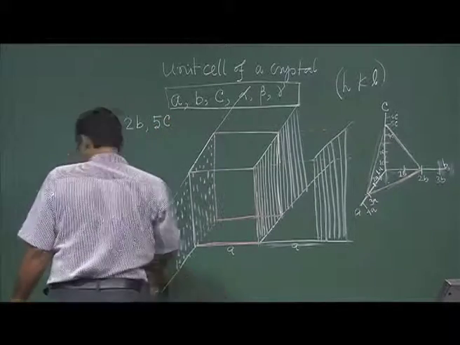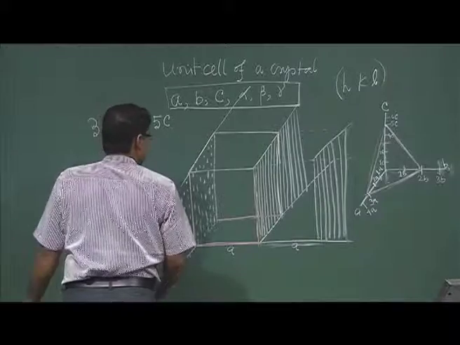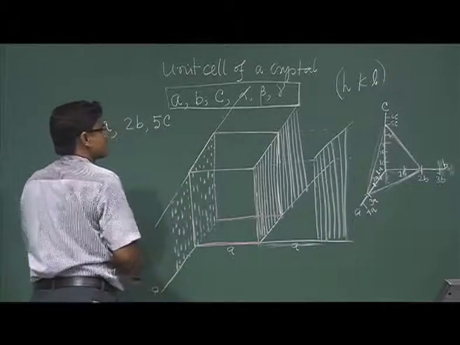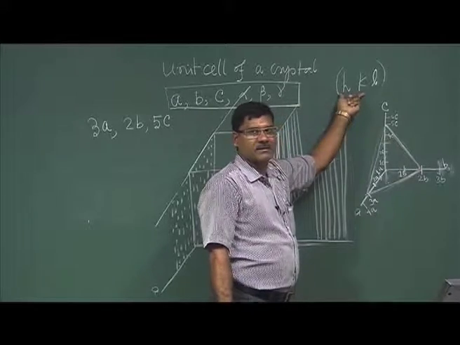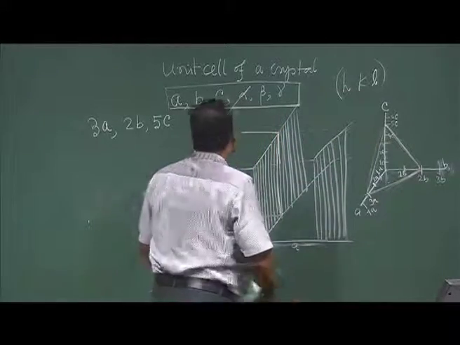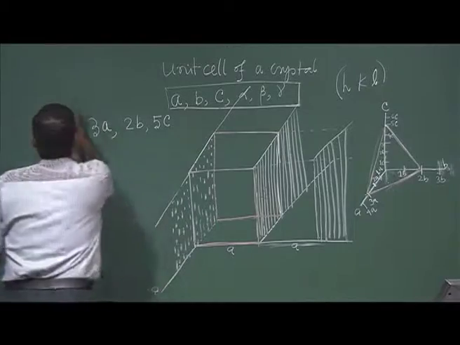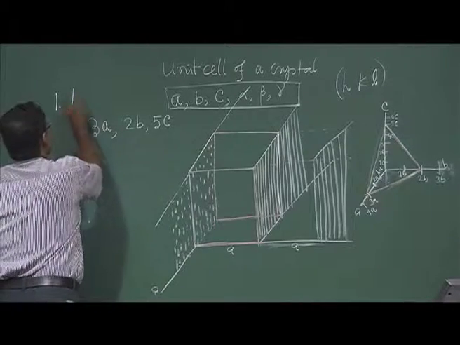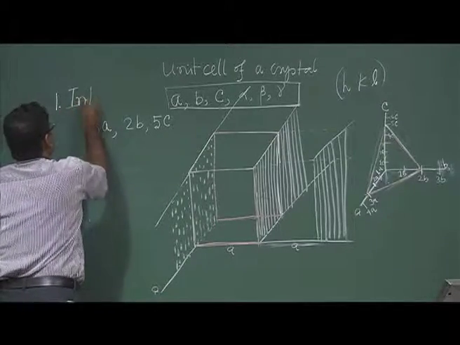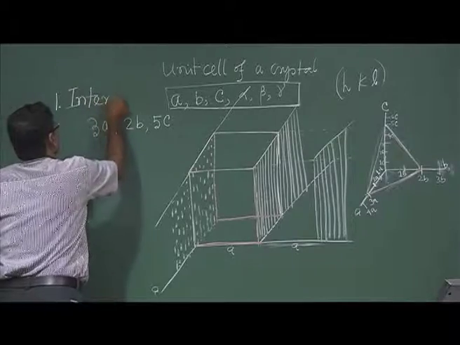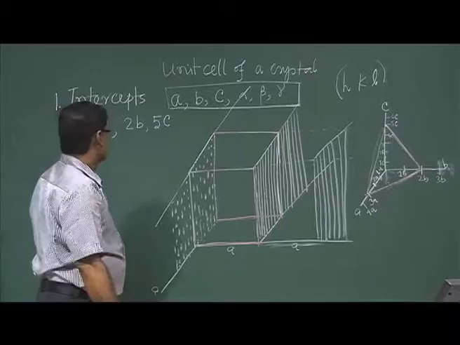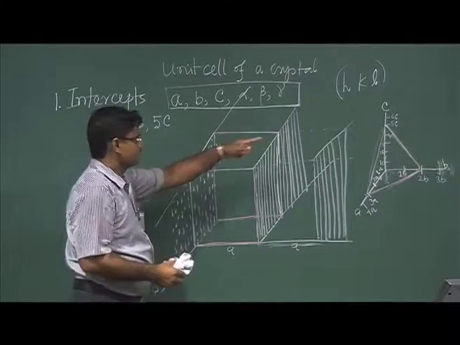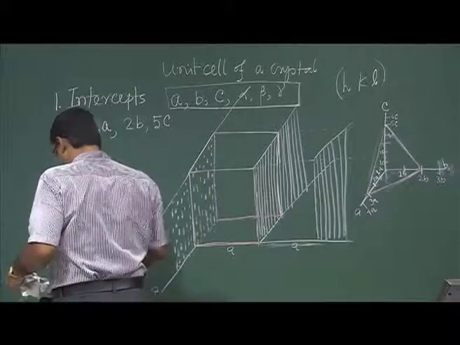So the first step to find the Miller indices, which represent the planes, is to find the intercepts. So these are the intercepts for these planes.